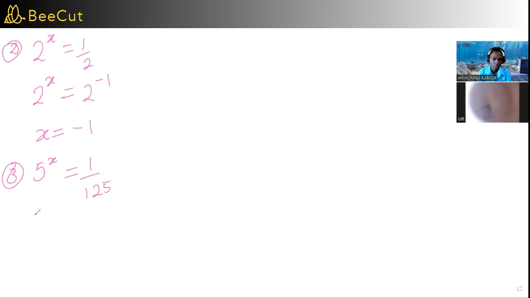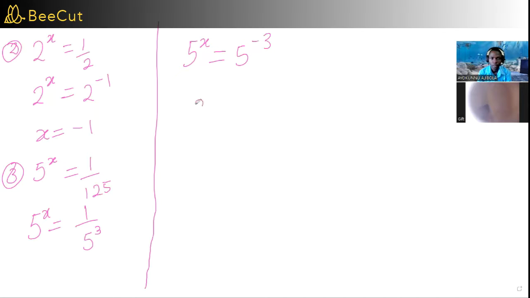So the same way I will say 5 raised to power x equals to 1 over 5 cubed, because 5 in 3 places, so 5 times 5 times 5 will give me 125. Then I can say 5 raised to power x now equals 5 raised to power minus 3. I can say x equal to minus 3.